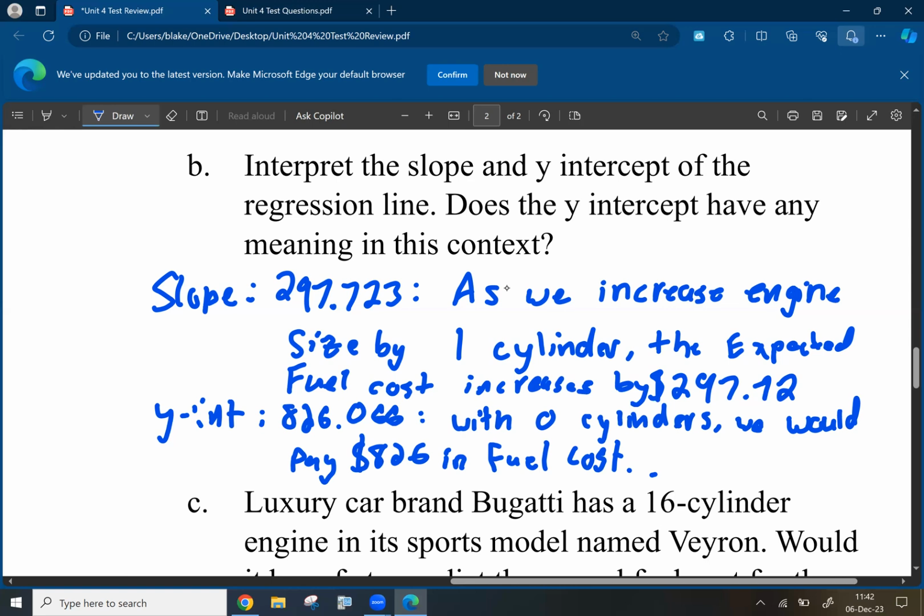Now, I'm going to say no meaning as well in this. I don't really have enough room to write anything else. But it says, does the y-intercept have any meaning in this context? And no, because you're not going to have a car with 0 cylinders.